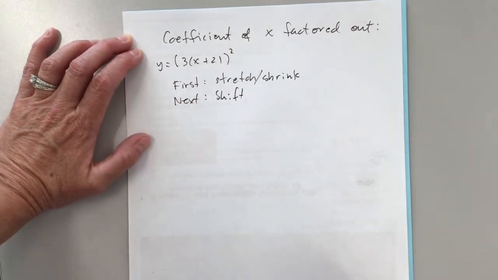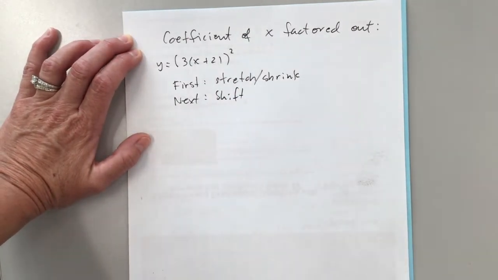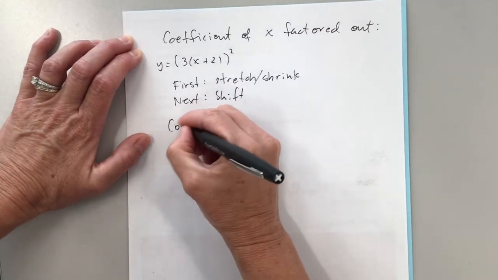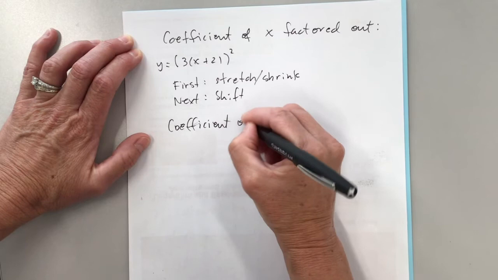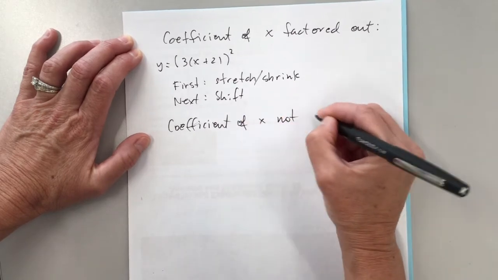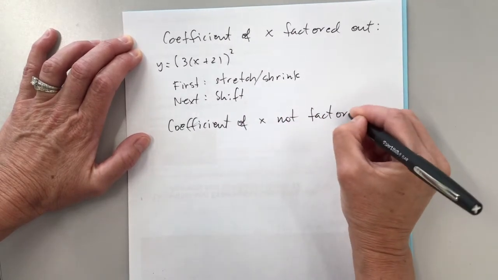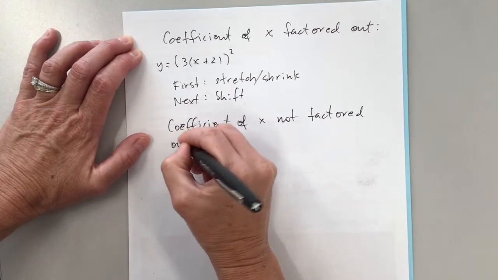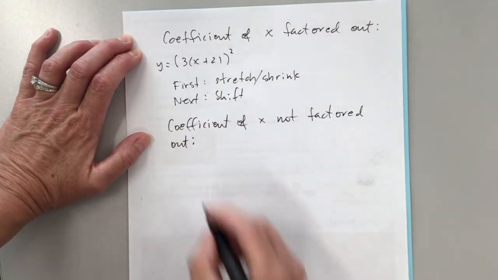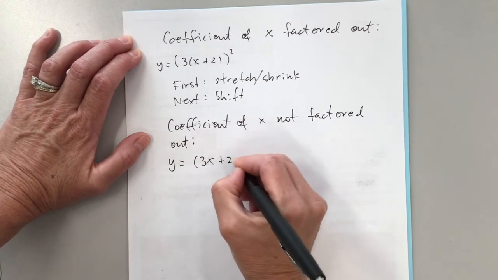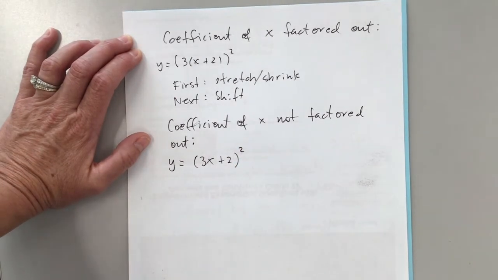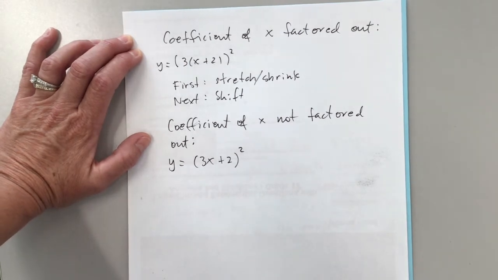If the coefficient of x is not factored out, that was the second case. Okay, so (3x plus 2) quantity squared. First, we will shift, then we will stretch or shrink.